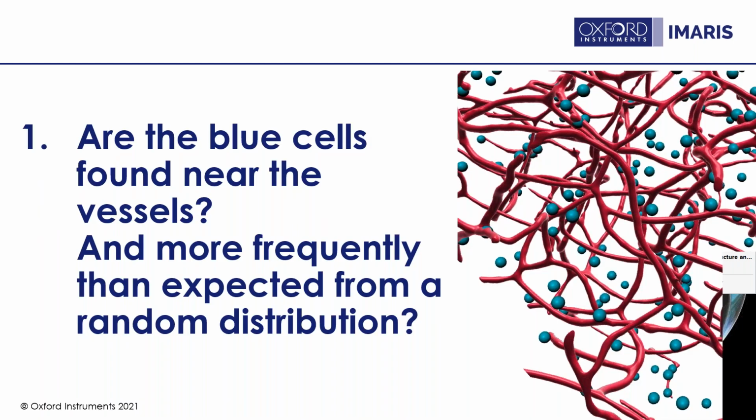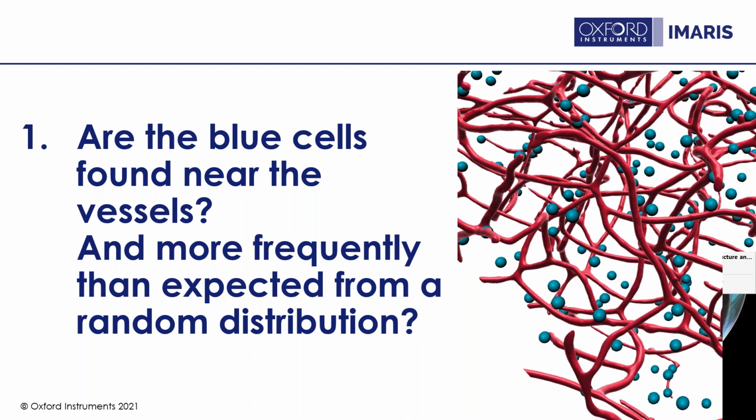The first question that this release will help you answer applies to the image over here on the right, where we have vessels in this reddish pink color, and then microglia nuclei have been detected, and now we see them labeled with these blue spots. Can we say that the blue spots are found near the vessels?